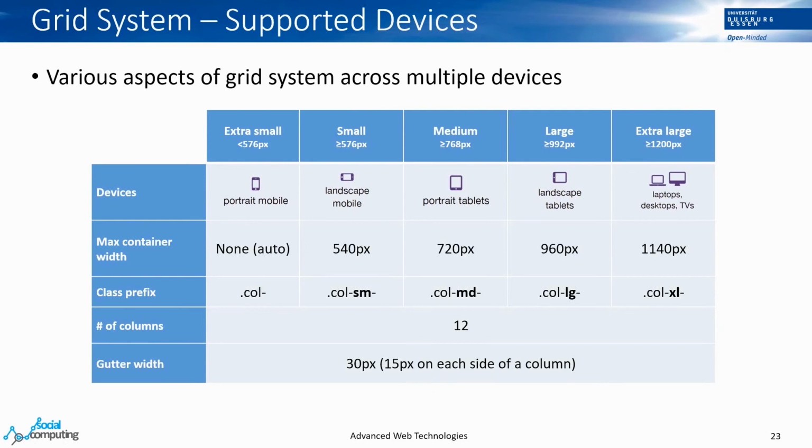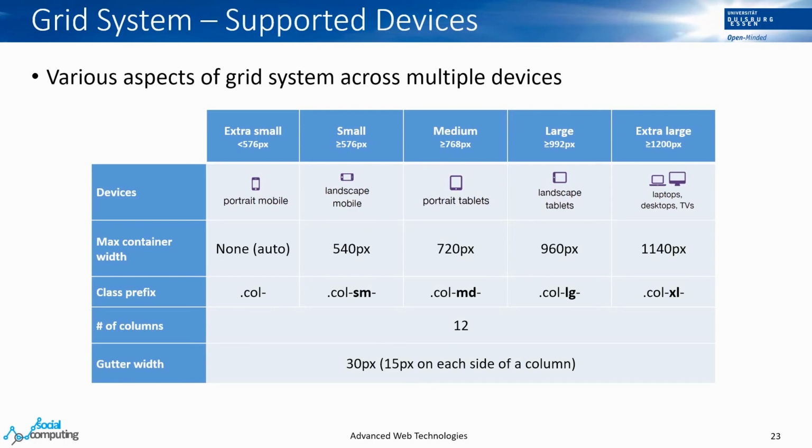Bootstrap distinguishes 5 different devices. Any device with more than 1200 pixels is considered an extra large device, and it will always have one view or a similar view. Even if it's a very extra widescreen view, you will always have a single design for an extra large device.